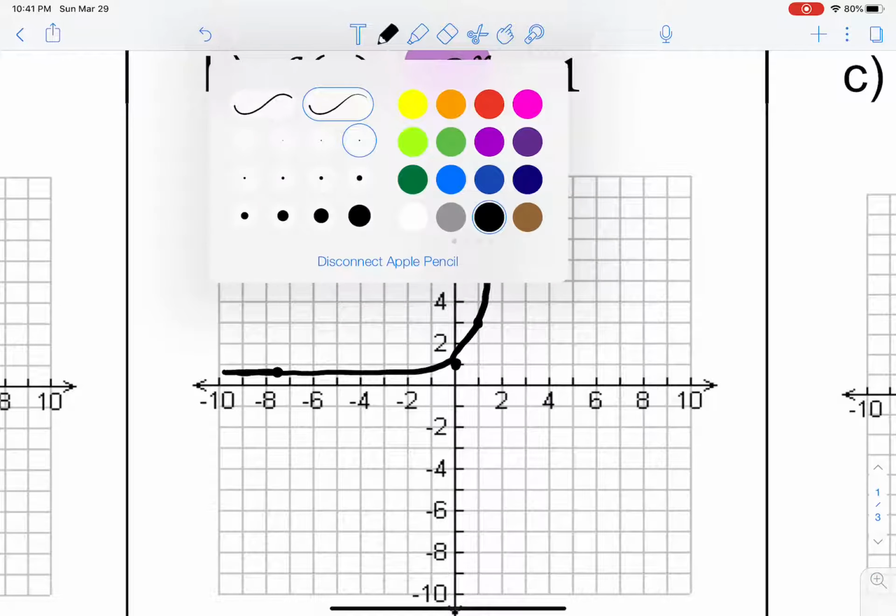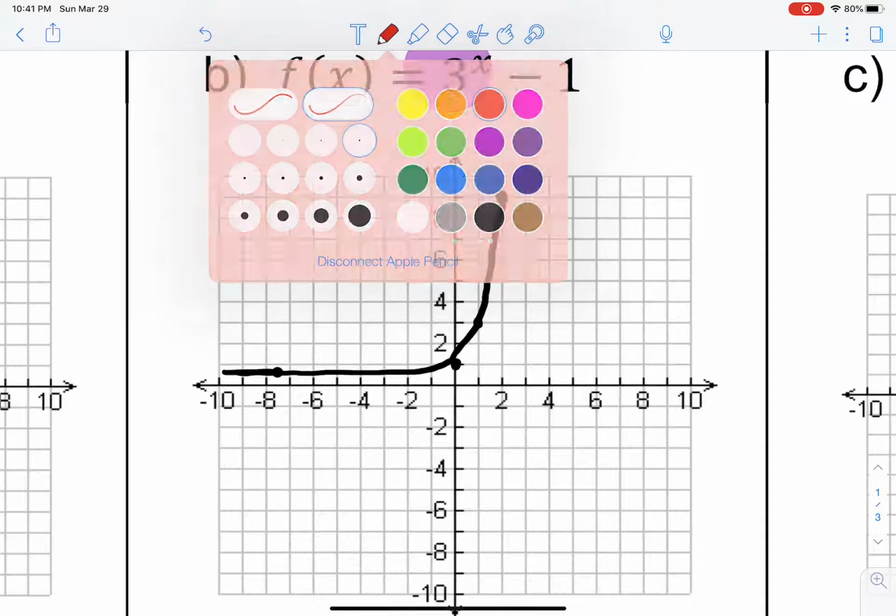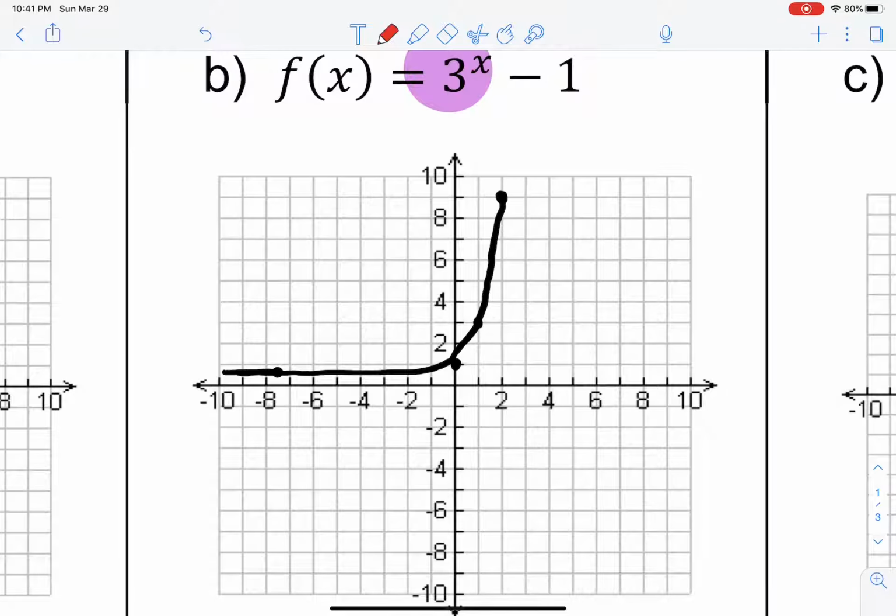The second one, which is our actual function, we are shifting down by 1 because of the -1 there. So it would be here, there, and at 8. So it's going to go up like that.